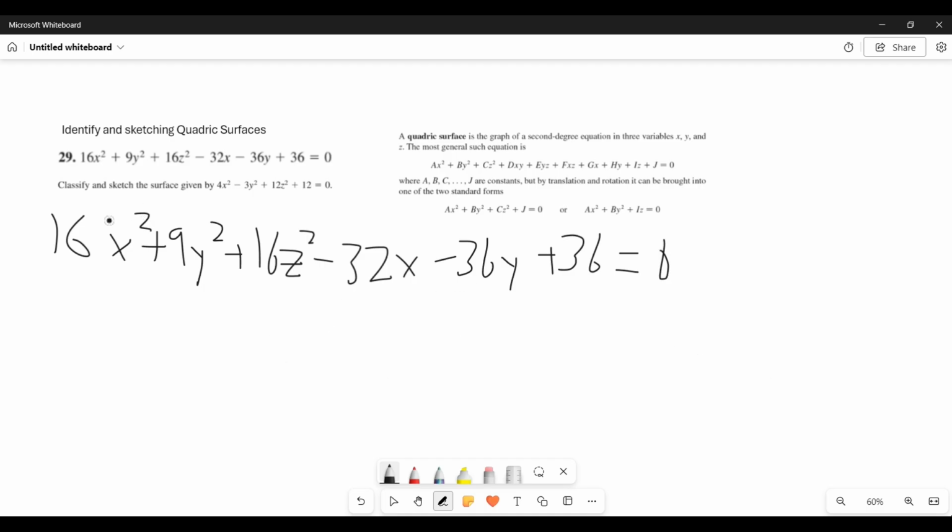So every time we have x squared, y squared, z squared, there's a constant next to it. We gotta factor that out first. So we have just x squared, y squared, and z squared.